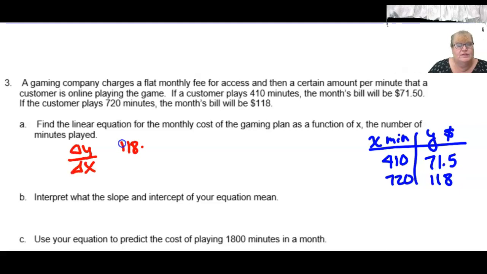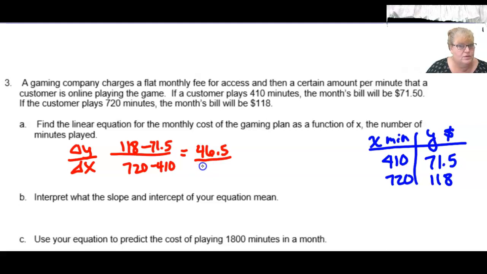So 118 minus 71.50 over 720 minus 410 comes out to be 46.50 over 310.